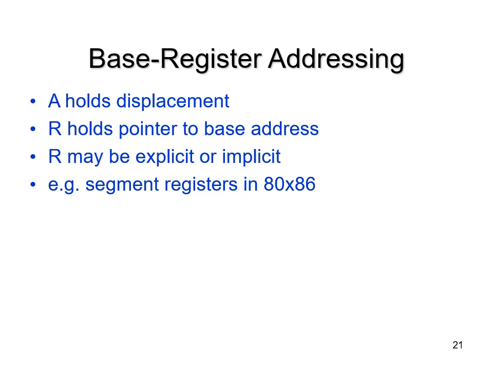Now the next addressing mode is base register addressing. Again we divide the operand into two fields, or we may specify one field only, where A stores the displacement or address, and we have a register to hold the pointer to be the base address, and this register can be explicit or implicit inside the addressing mode.